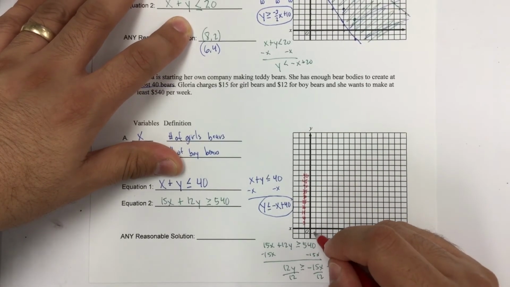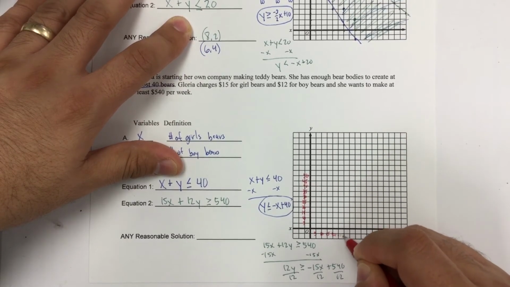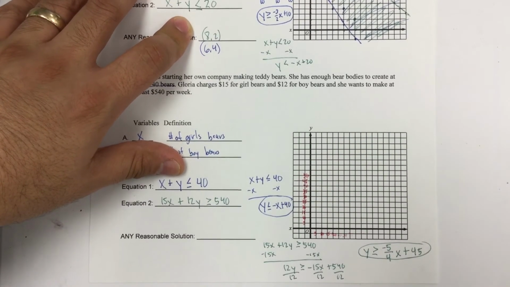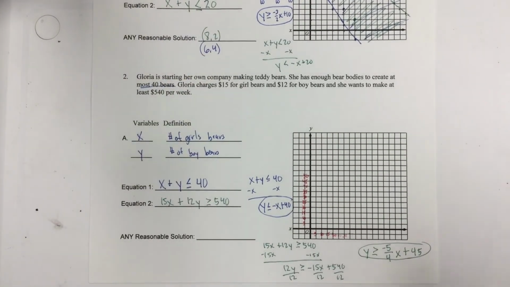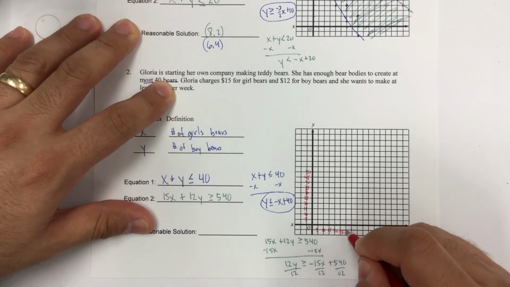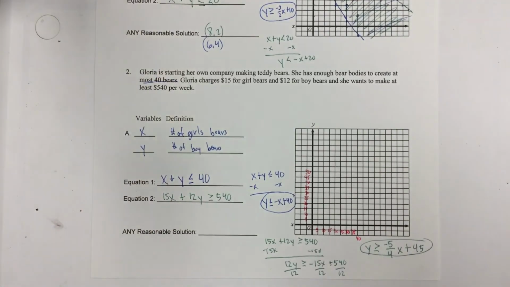And this will also go by 5s. I'm going to keep it consistent for myself. So 5, 10, 15, 20, 25, 30, 35, 40. Let's see if we can fit it on there.